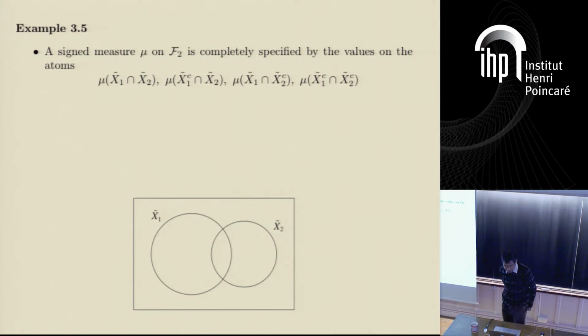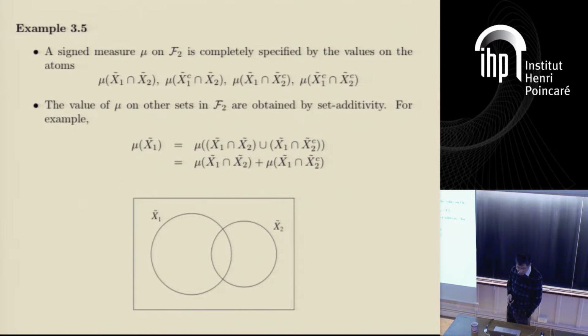All right, so here's another quick example. A signed measure on F2 is completely specified by its values on the atoms. If you tell me the values on these 4 atoms, then that completely specifies the signed measure, because for any set in the field, for example, if you want to know the value of mu on X1 tilde, you just write it as X1 tilde intersect X2 union X1 tilde intersect X2 complement.